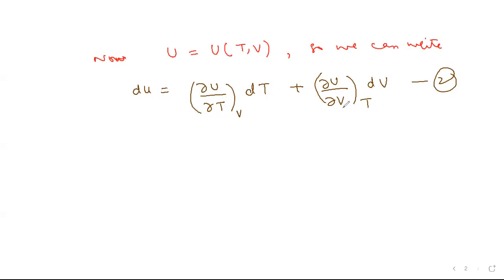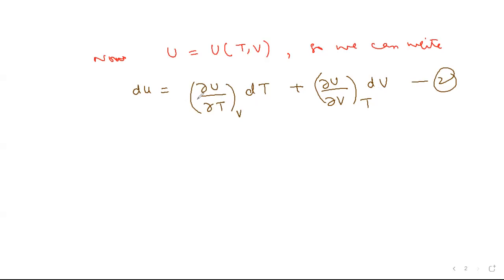And dou u by dou V at constant T is the partial derivative of internal energy with respect to volume, keeping temperature fixed. dV is the small change in volume of the system, right? You also know this equation is valid for small changes in internal energy.